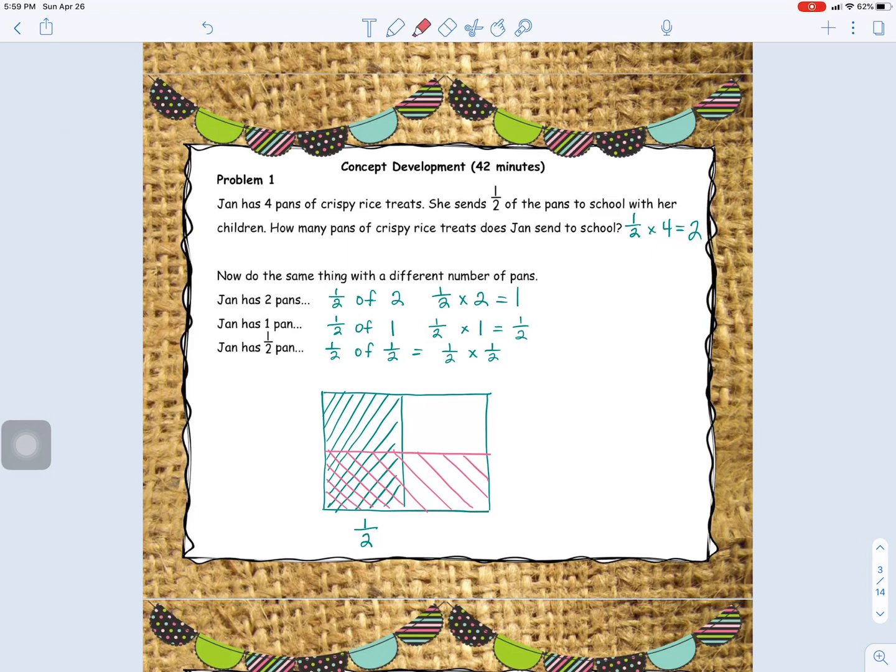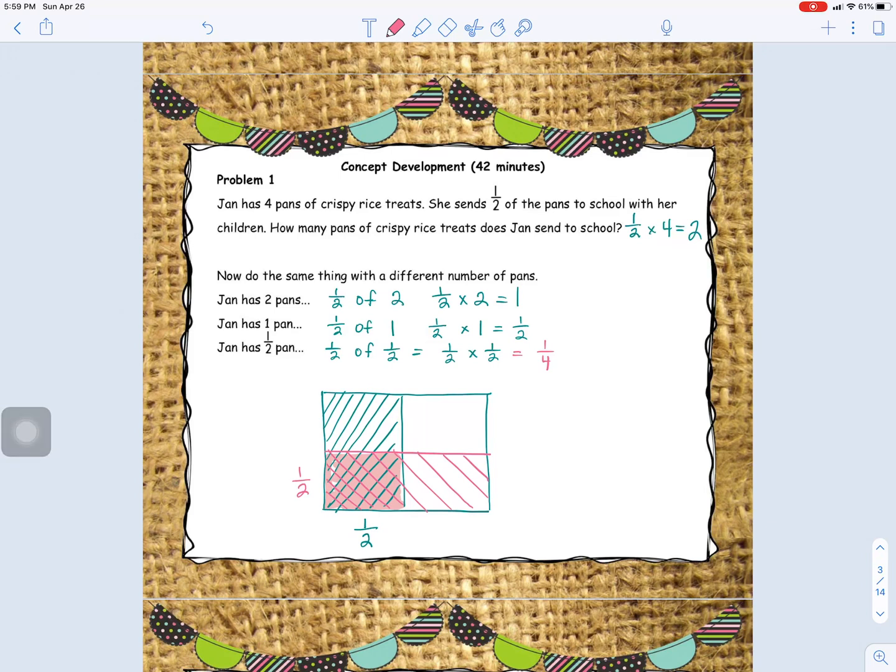And then I want to look at the area that has the X's or is double shaded. So the answer, 1/2 of 1/2, would be 1/4. And if I multiply 1 times 1, I'll get 1, and 2 times 2, I'll get 4. So basically that's the lesson today.